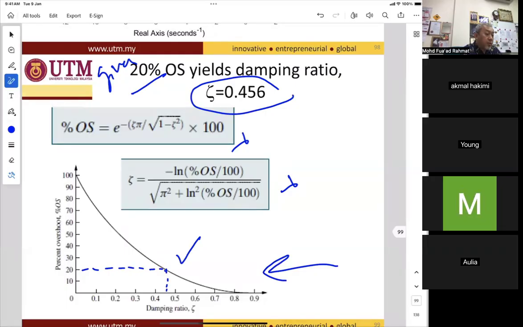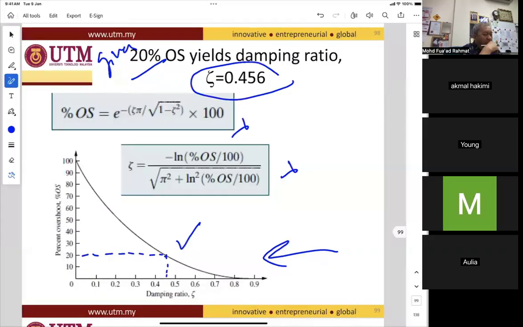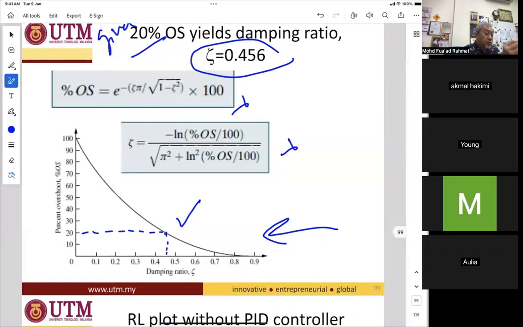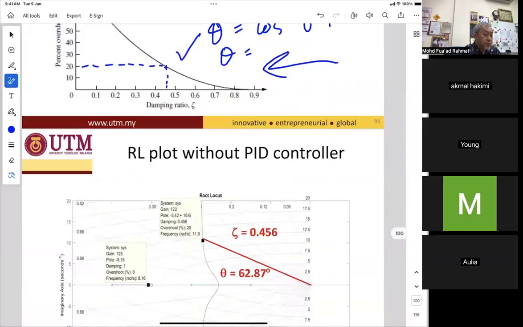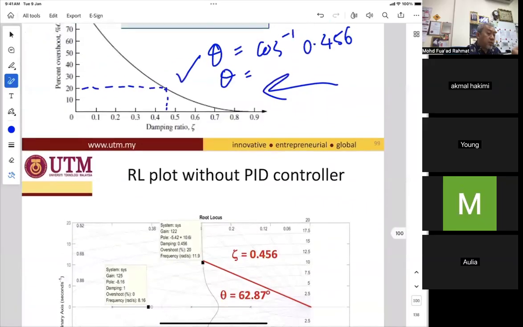Time is very limited, so you use the attached graph. 0.456 is the zeta value. For zeta 0.456, so theta is cos inverse, which is equal to 62.87 degrees.